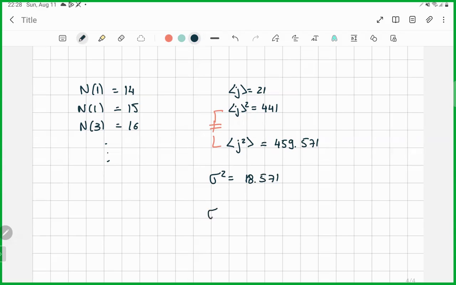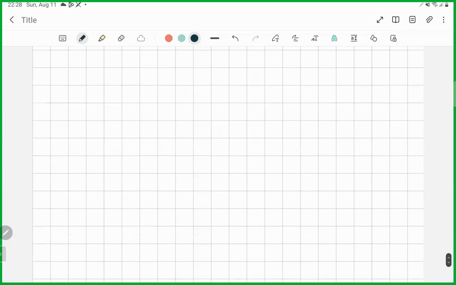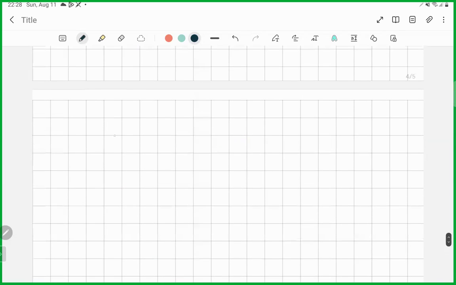You can also compute the standard deviation, which is the square root of that, 4.309. You can compute the variance either by doing j minus the mean squared at each probability, or with the equation that we obtained, the mean of the square minus the square of the mean.